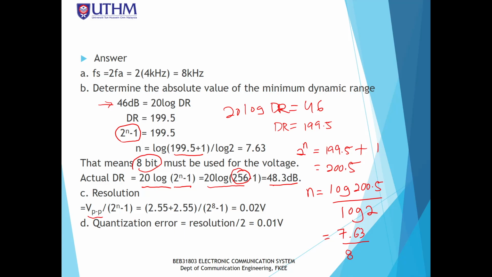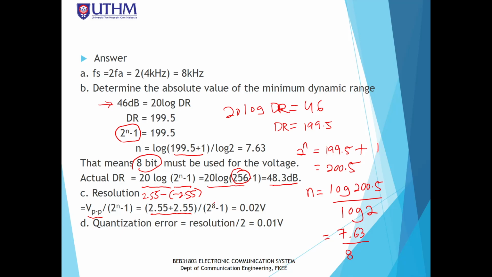So the range of voltage peak to peak is positive 2.55 until negative 2.55. So 2.55 minus negative 2.55, so you will get 2.55 plus 2.55. So that's why you get plus. Divide with 2 power of 8 minus 1.